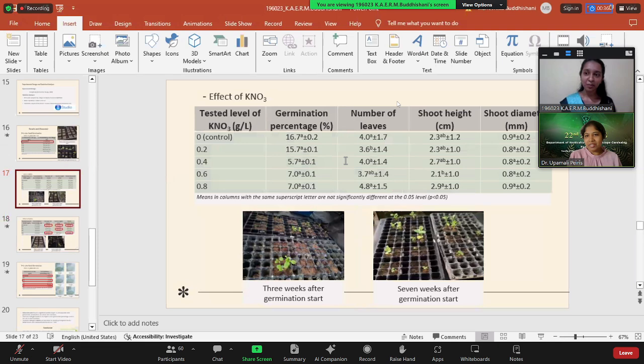Yes, madam, there are some differences. Most of the levels do not differ, and there was no impact on the germination or the growth parameters. Okay, but there are some differences in shoot height and number of leaves, right? Yes, you can see it in the results.